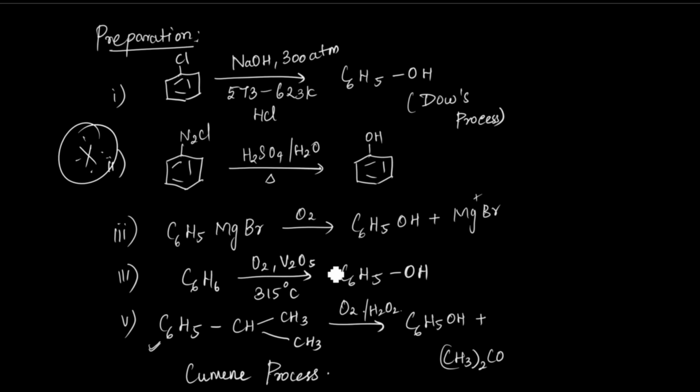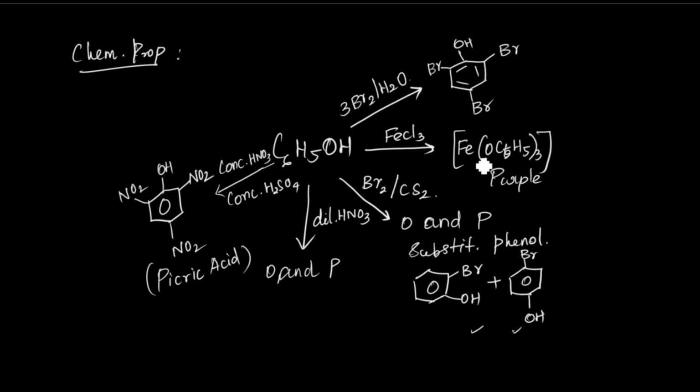Then with benzene, with vanadium pentoxide, it is giving us phenol. And cumene process, this is cumene. It will be looking like this. Cumene process, cumene is reacted with oxygen and the peroxide to form, first it will form cumene peroxide followed by phenol and acetone.